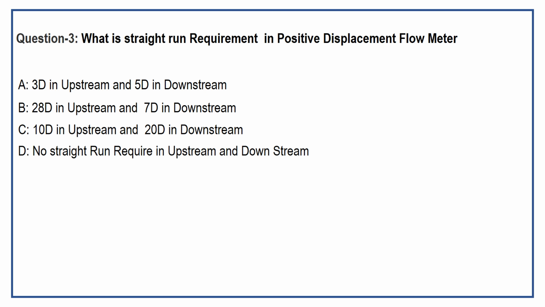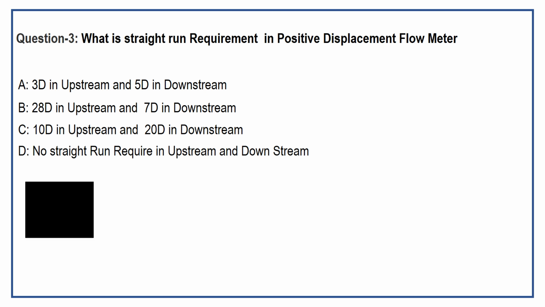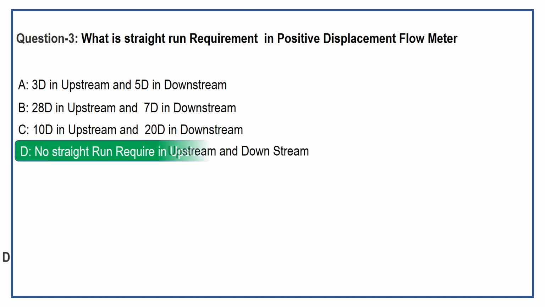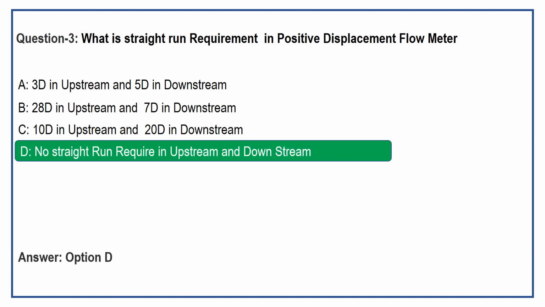Option C is 10D in upstream and 20D in downstream. Or option D, no straight run is required in upstream or downstream. So the correct answer of this question is option D, no straight run required in upstream and downstream.